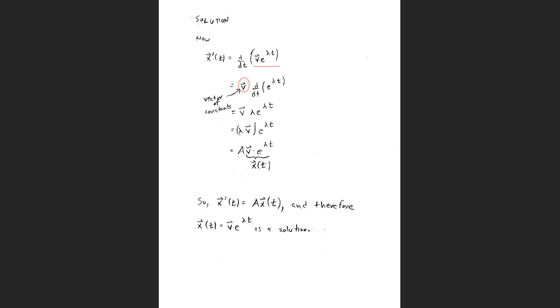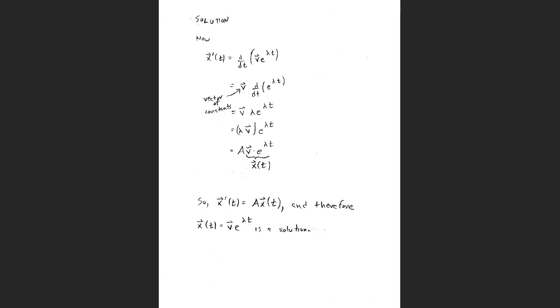You learned that when you take the derivative of a function, if there's a number in front of it, the number comes out. For example, the derivative of 1e to the 3t.